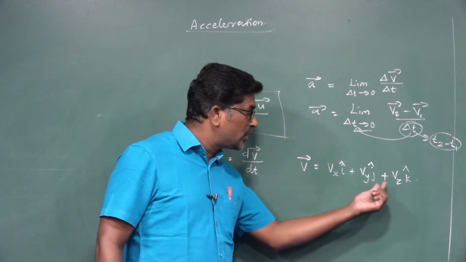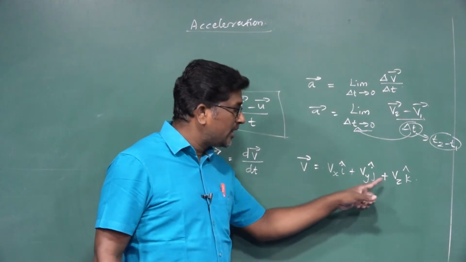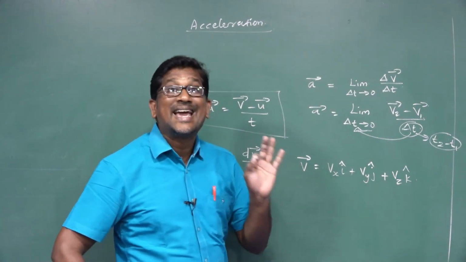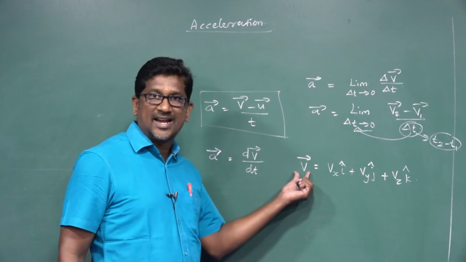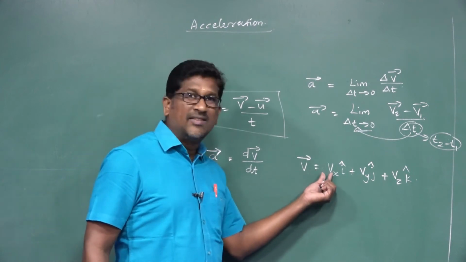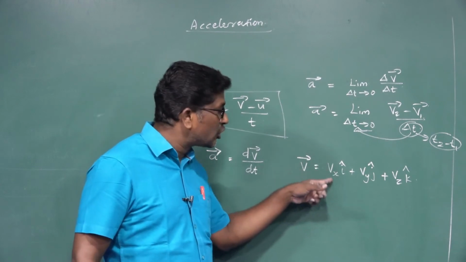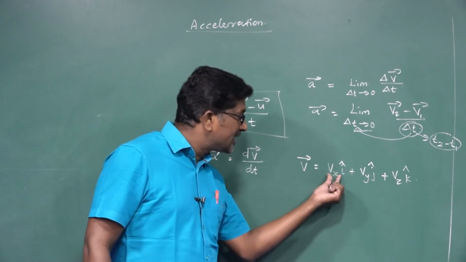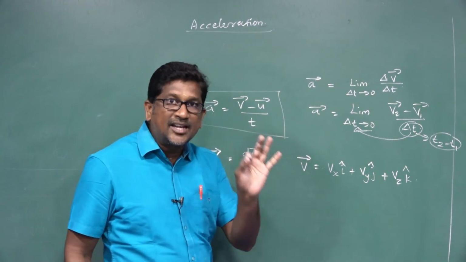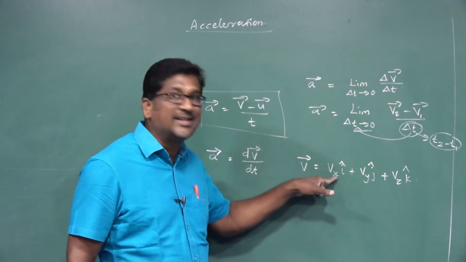What are vx, vy and vz? These three are scalar components of v vector. The velocity of the particle along x direction is denoted by vx. The vx gives only the magnitude of velocity of the particle along the x-axis direction.